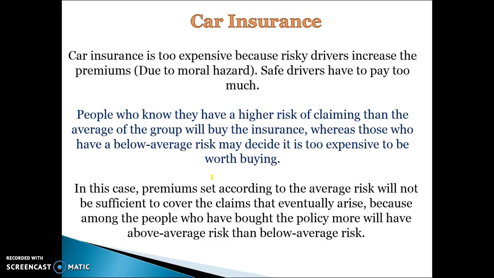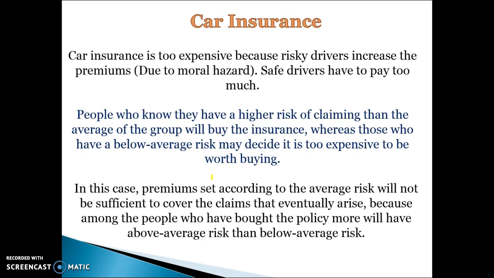Car insurance is a great example. You'll generally talk about car insurance or health insurance when you do these types of questions, but car insurance is too expensive because risky drivers increase the premiums for safe drivers. People who know they have a higher risk of claiming than the average group are more likely to buy insurance, whereas those that have a lower risk are likely not to bother because it's too expensive.